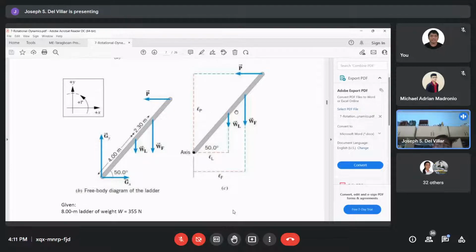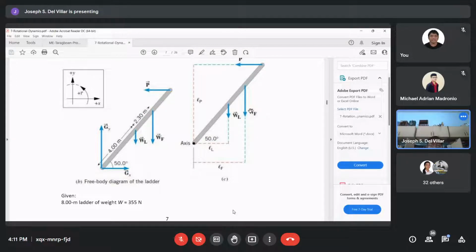So LP is equal to 8 sine 50. Parehas lang yun. Okay? 8 sine 50 is equal to LP or 8 cosine 40 is equal to LP. Parehas lang yun.